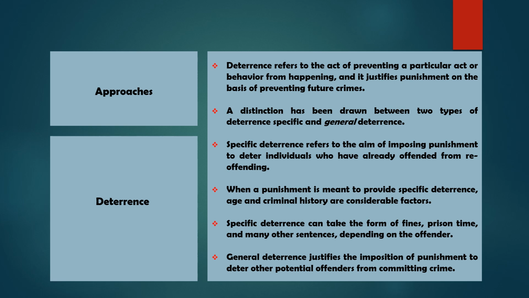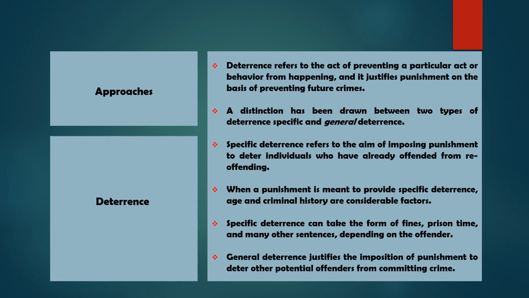Specific deterrence refers to the aim of imposing punishment to deter individuals who have already offended from reoffending. In other words, it is a punishment meted on a person who has already committed crime, and the aim is to prevent this person from committing crime again. When a punishment is meant to provide specific deterrence, the age and the criminal history of an individual are factors considered by the justice system.